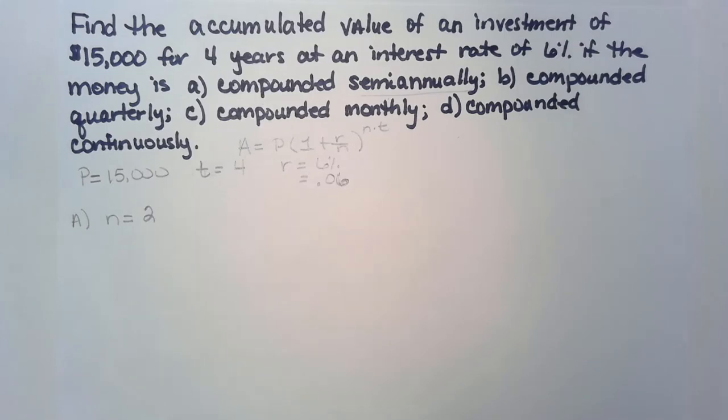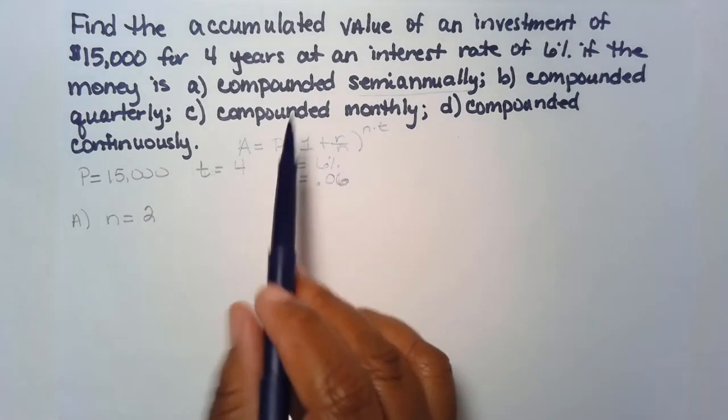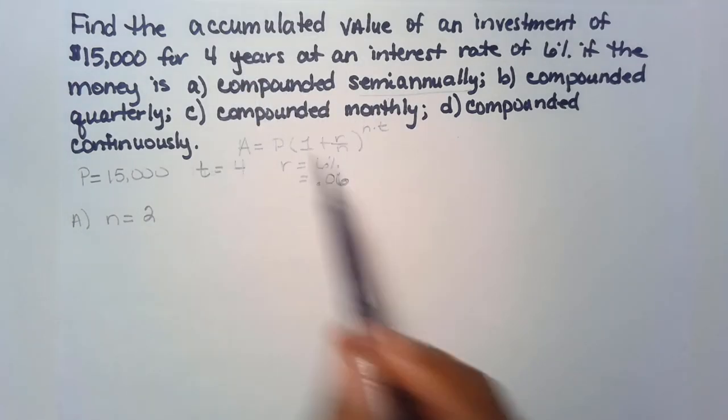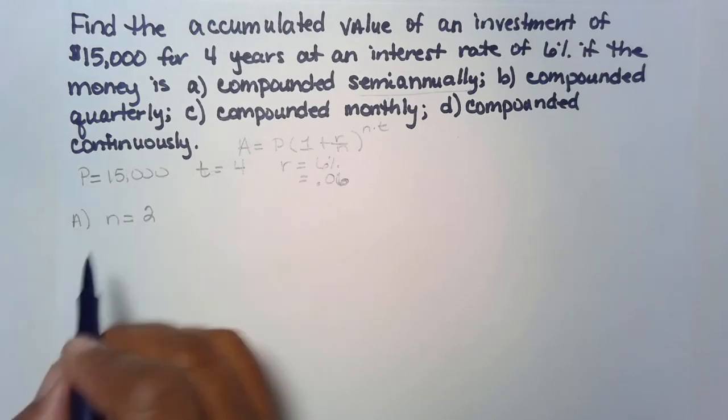All right. So let's plug in this information. Let's find how much money you would receive after 4 years investing $15,000. So we have here a total of $15,000.